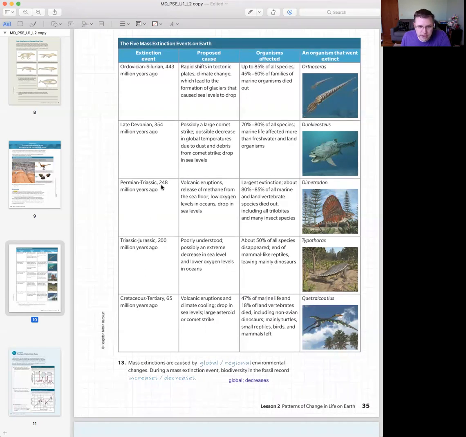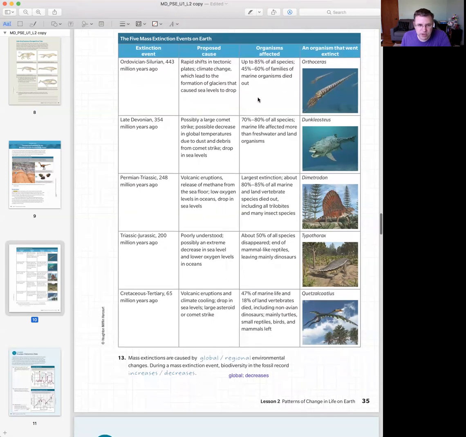Okay, the Permian Triassic, that's actually the line in the rock layer from up above. Largest extinction event, about 80 to 85% of all organisms died off in that one. Okay, this one in the Devonian, 70 to 80% of all species. This first one up here, up to 85% of all species. Okay, so those are huge numbers of organisms that died off. And these aren't all from impacts from outer space.